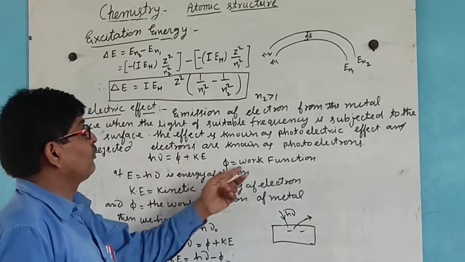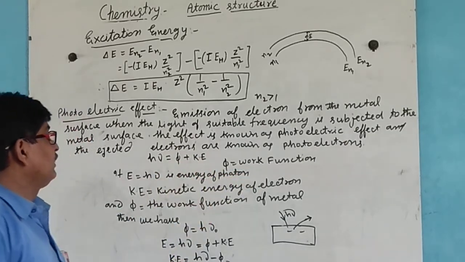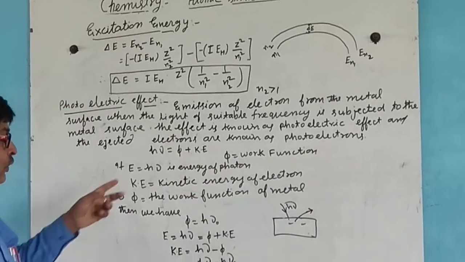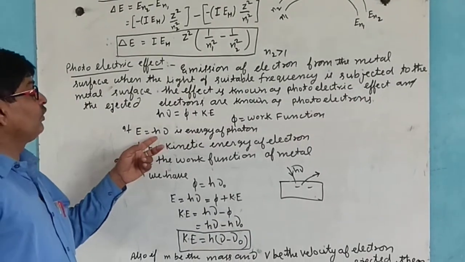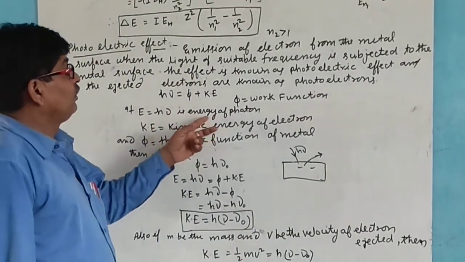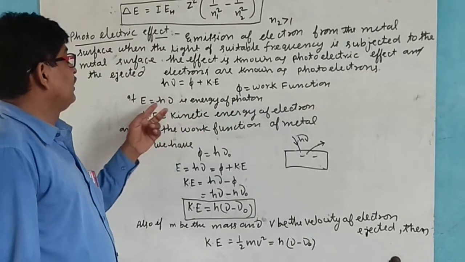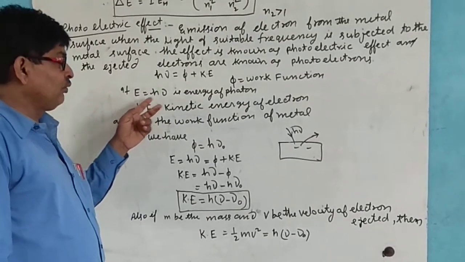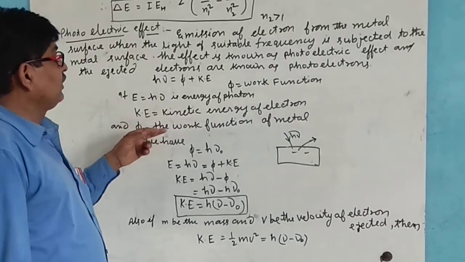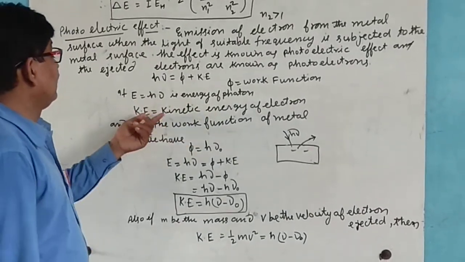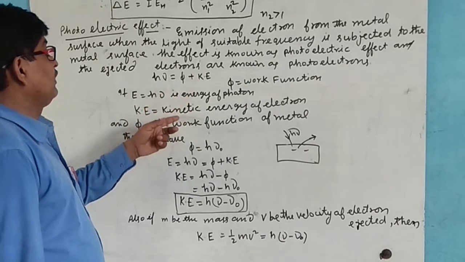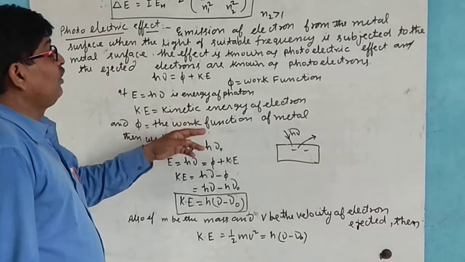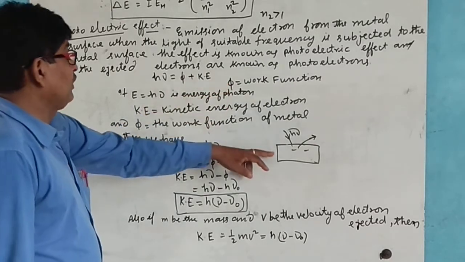Phi is the work function. E equal to h nu is the energy of a photon, the energy of light is known as a photon, the kinetic energy is the kinetic energy of the electron, and phi is the work function of the metal surface.